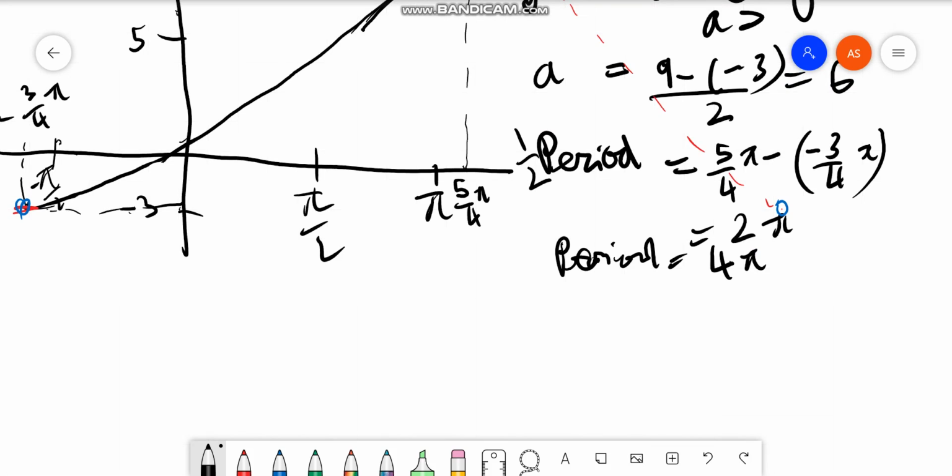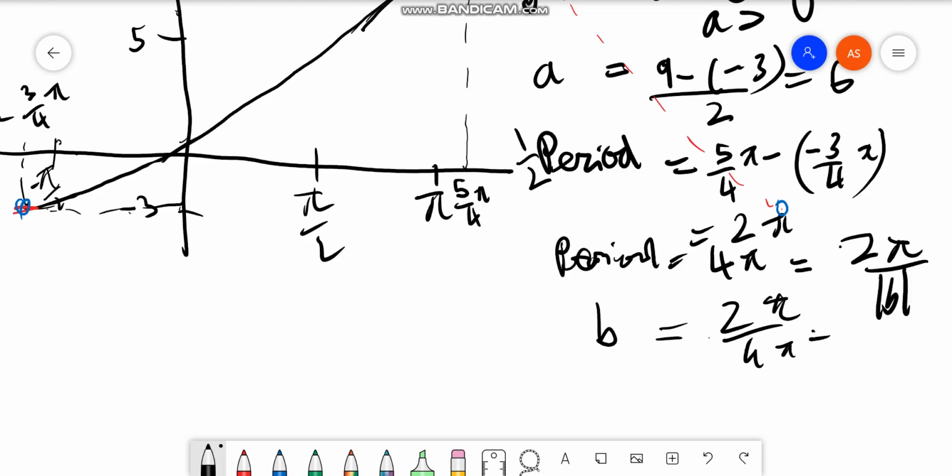So let's use that formula. Period is 2 pi over the absolute value of b. That means b is 2 pi over 4 pi. So it's 1 over 2. So b is 1 over 2.